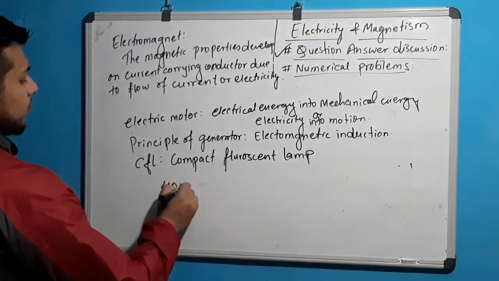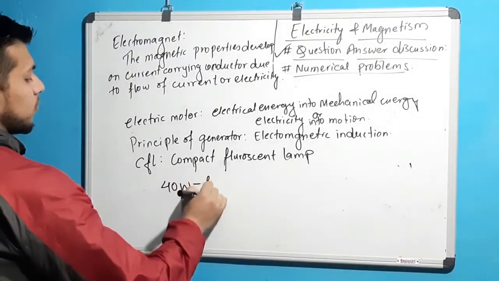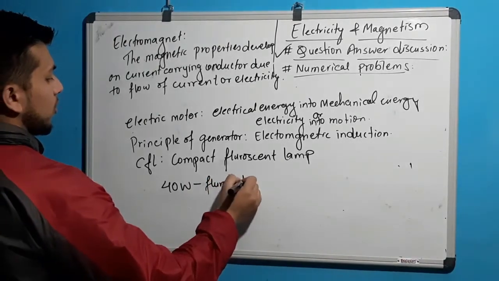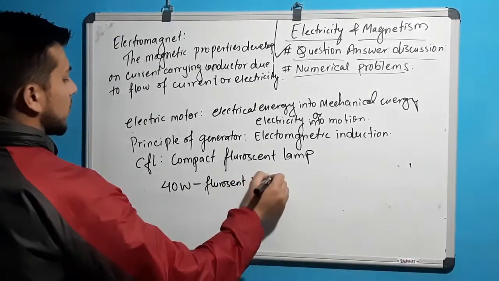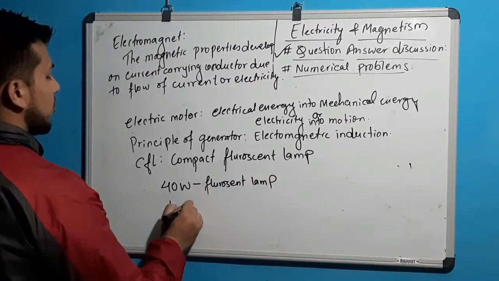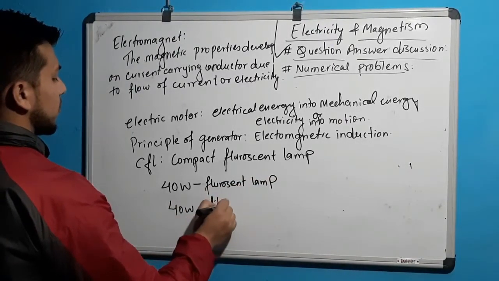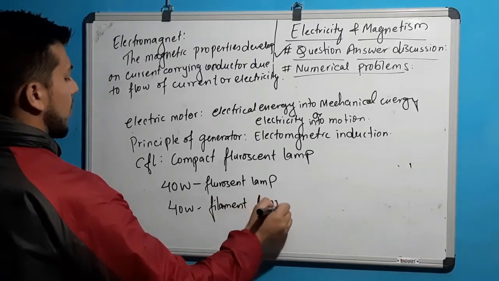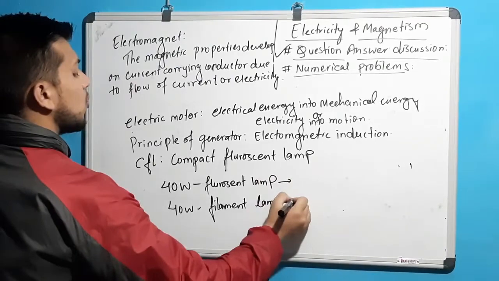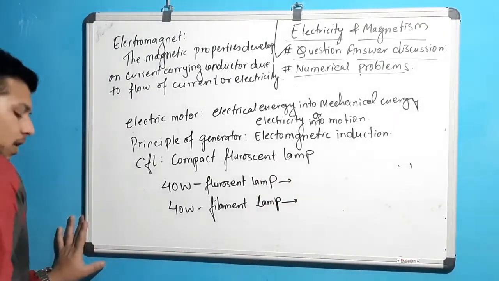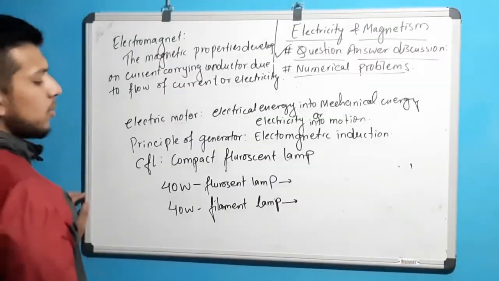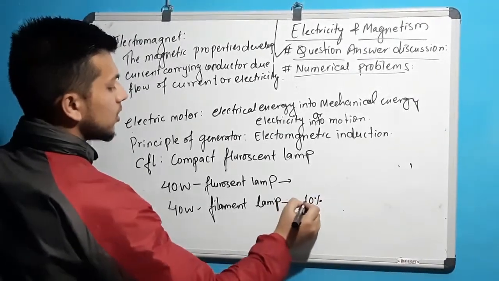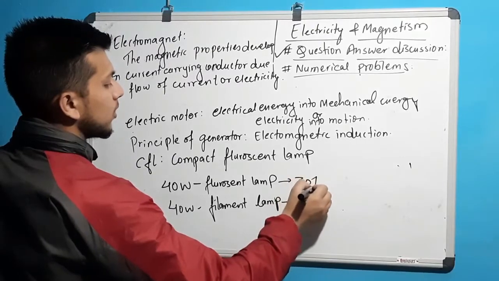There is a 40 watt fluorescent lamp, and another is a 40 watt filament lamp. Which one is more bright? Obviously, filament lamp converts only 10%. This efficiency is 10% and this is 30%.